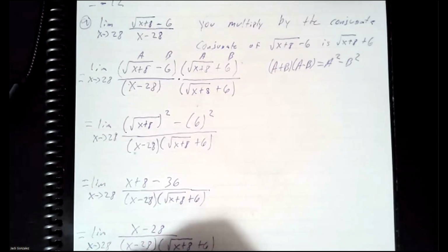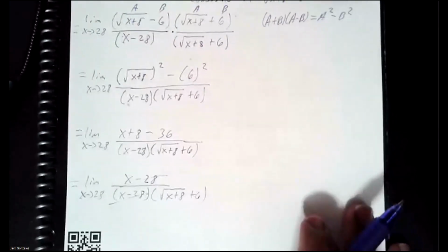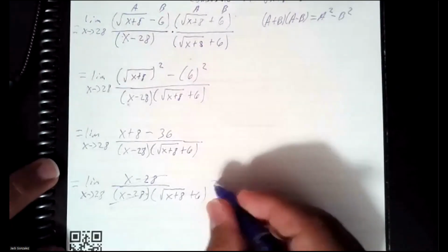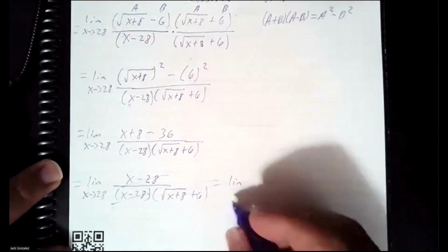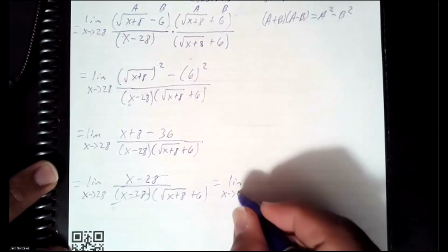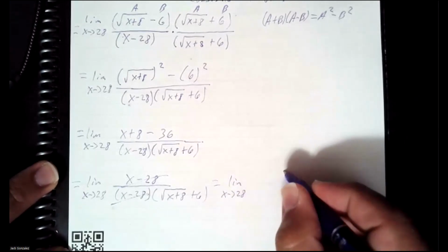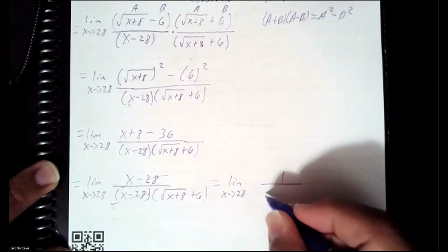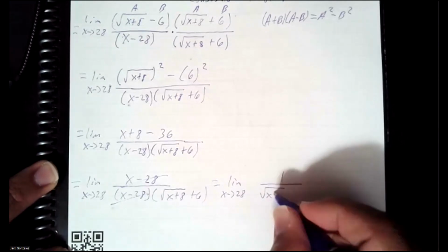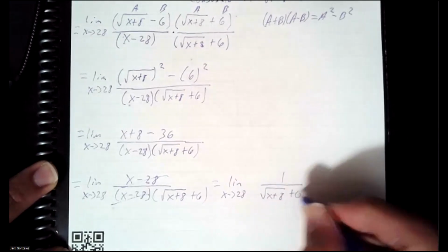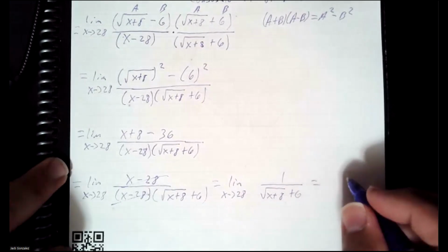Since this is factored, I can cancel. Now we got the limit as x approaches 28 of 1 over square root x plus 8 plus 6. Take the limit.